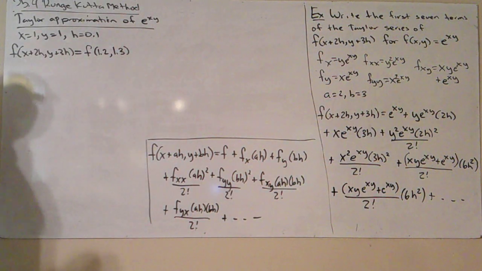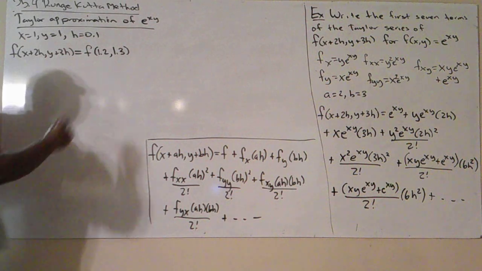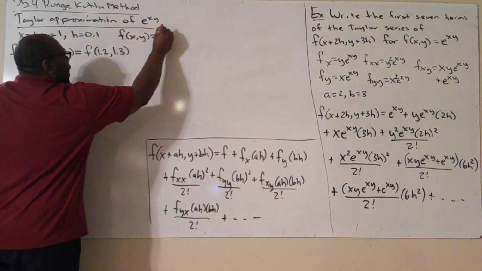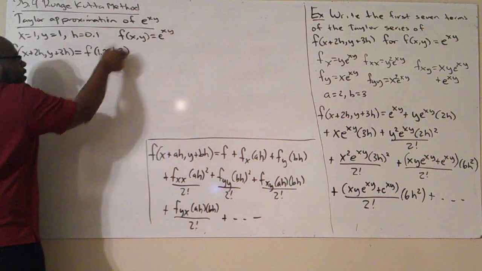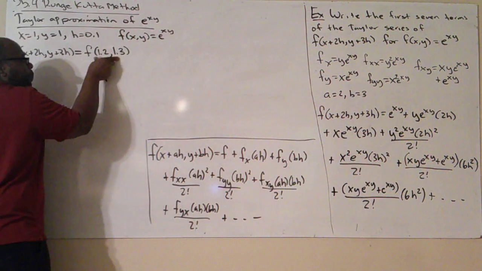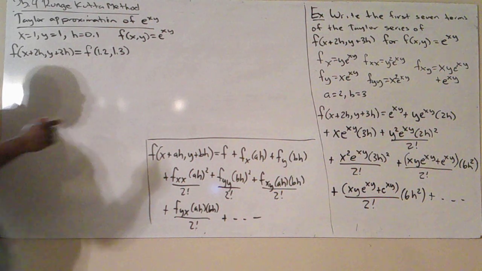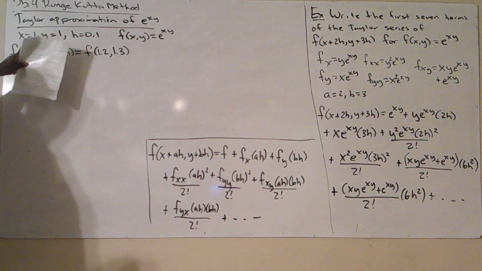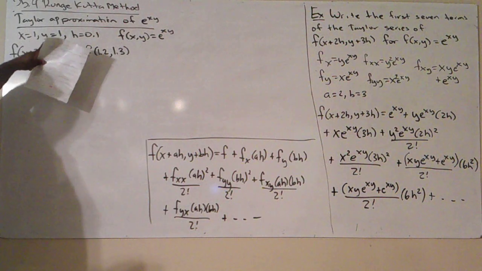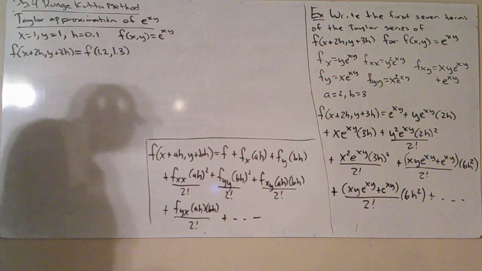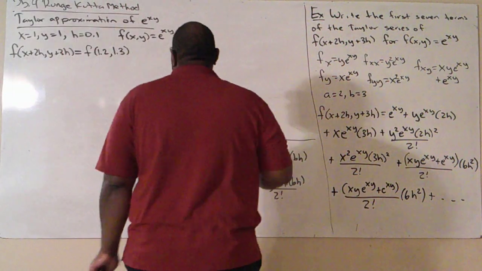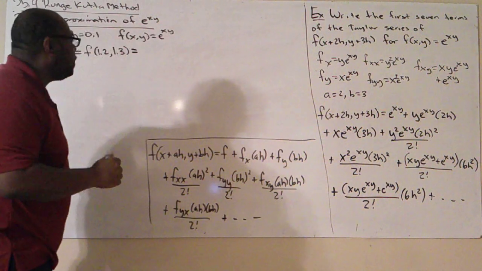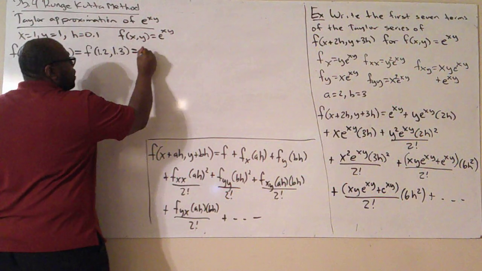And remember that f of xy is equal to e to xy, right? So I can approximate this function at 1.2, 1.3 using my Taylor series that I just have over there by just plugging in 1 for x, 1 for y, and h equal to 0.1. So if I do that here, and I'll let you guys see if these are approximately equal to each other. This becomes e to the 1.